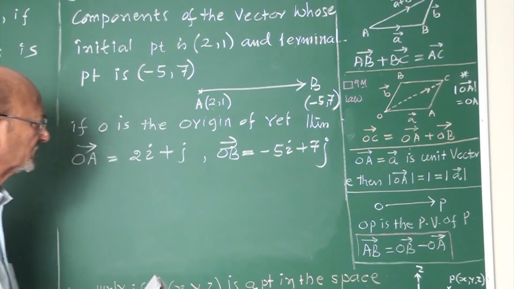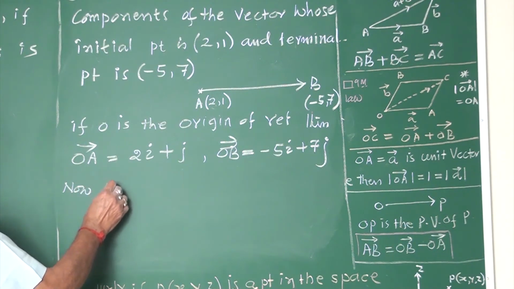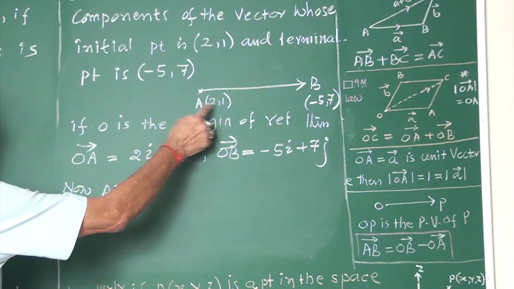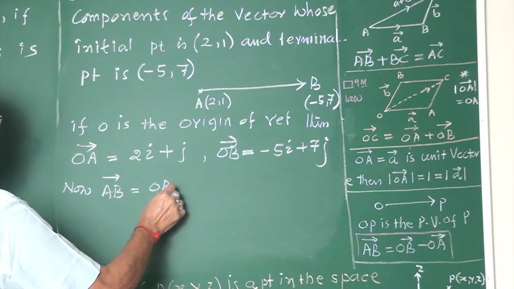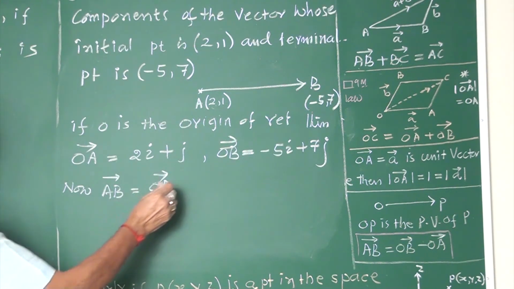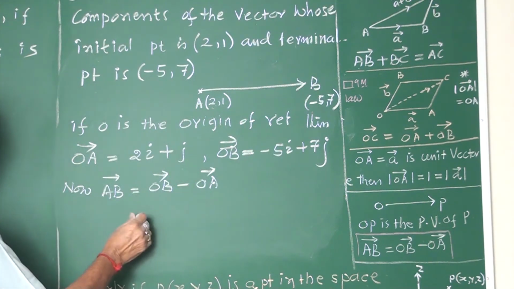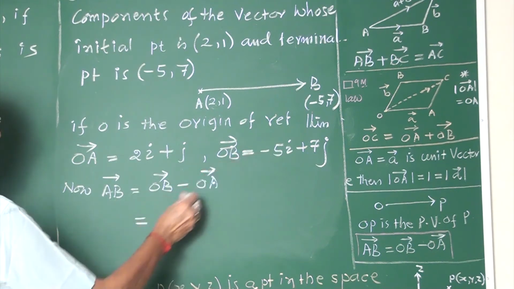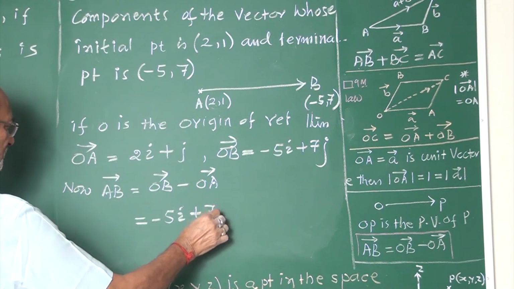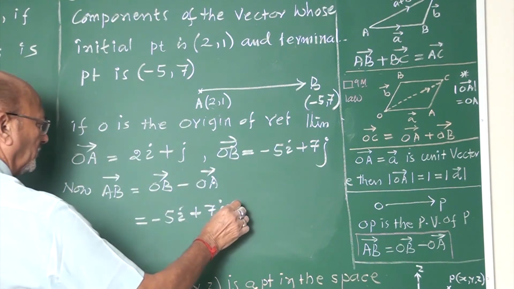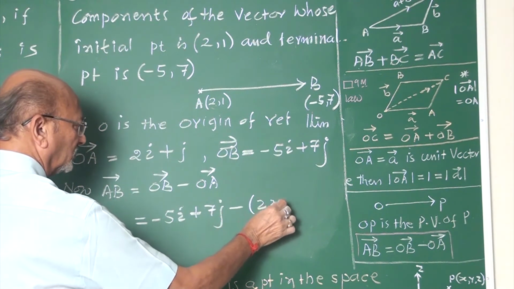Vector AB equals position vector of B minus position vector of A. OB is -5i plus 7j minus OA, 2i plus j.